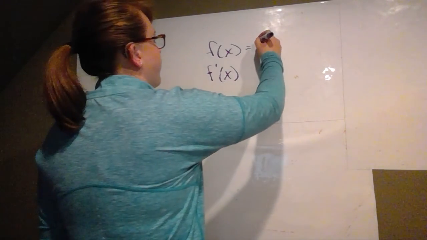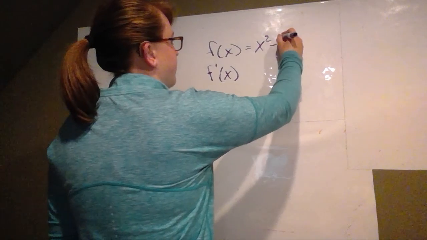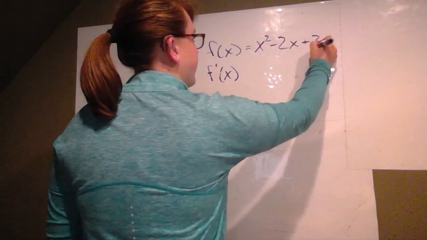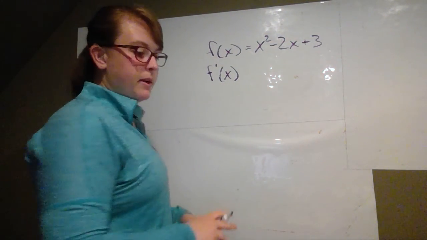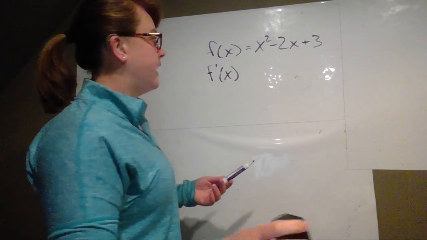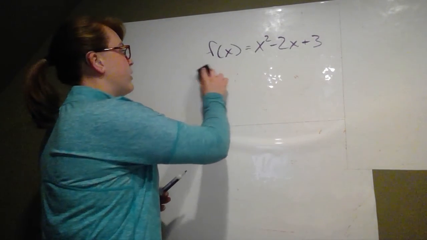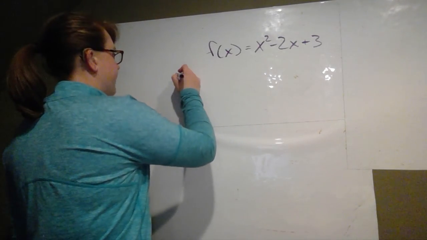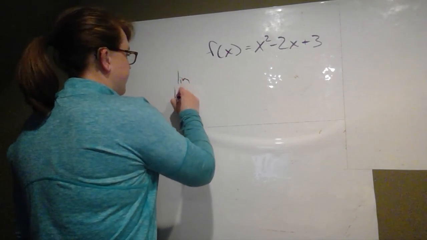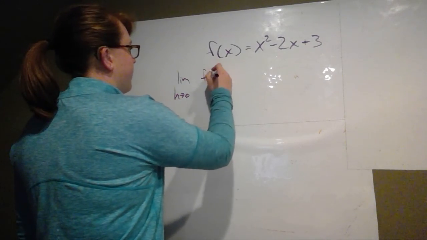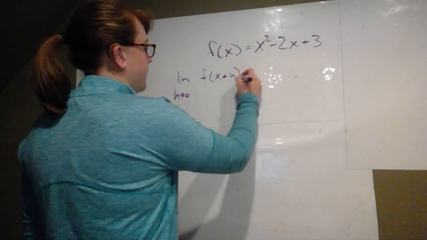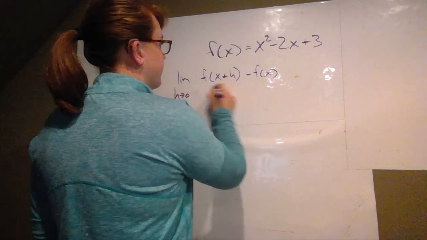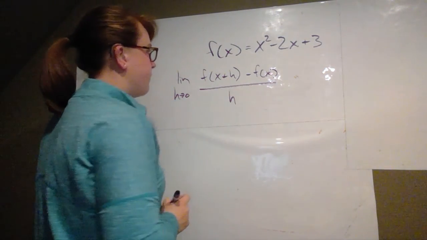So let's say we have f of x equals x squared minus 2x plus 3. If I wanted to find the instantaneous rate of change or the derivative at just one point, remember we had that definition. It was the limit as h goes to 0 of f of x plus h minus f of x over h.